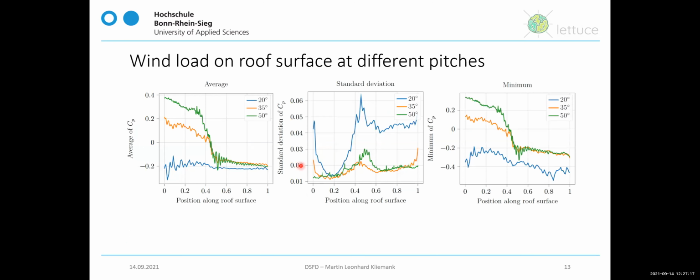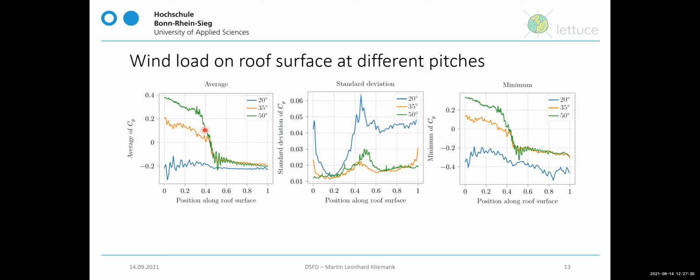And we can observe a similar thing for the wind loads on the surface at different pitches. So we're looking at the average, standard deviation and the minimum of the pressure coefficient. And here we can as well see this grouping of the behaviors.